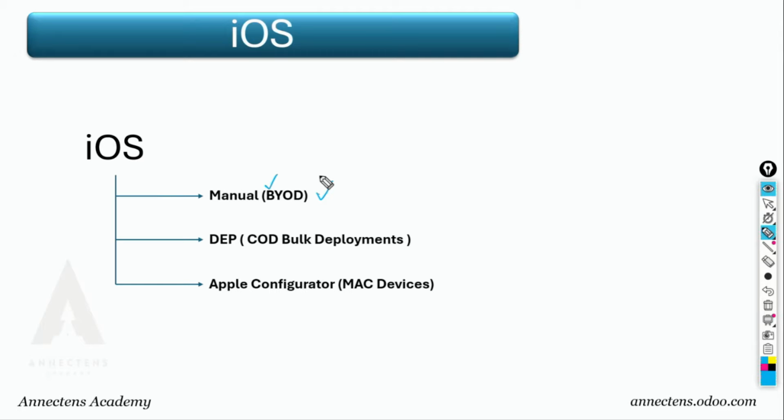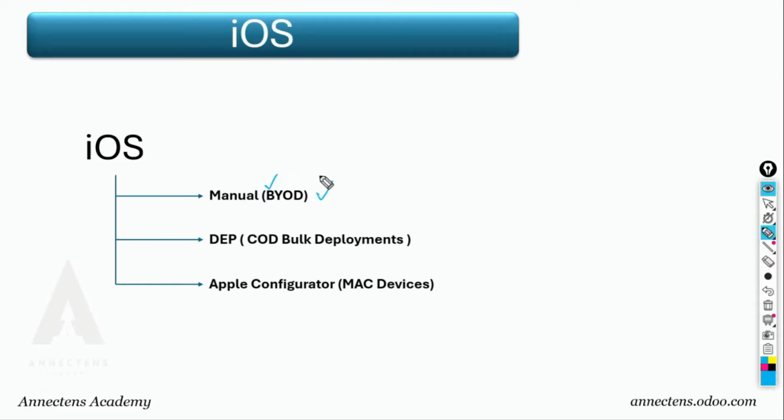Here people are using their personal devices, and with these personal devices they want to enroll in Intune so they can leverage corporate data and access to corporate resources. So that is called BYOD. The first enrollment method in iOS is manual enrollment, BYOD.